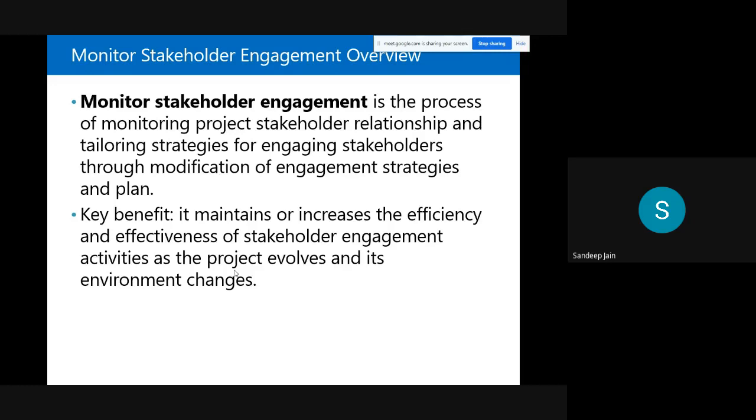Okay, so here this is happening during the execution phase itself. The engagement is happening during the execution phase, and the monitoring is also happening during that phase. So somebody has to keep track that the stakeholders are being engaged, the monitoring is being done, they are engaged, and the relationships are being maintained.